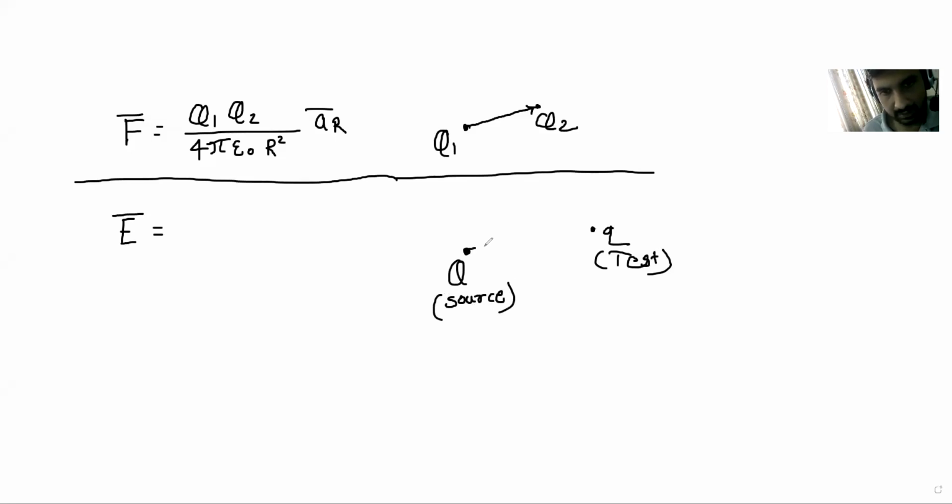Because of the source charge, we calculate how much electric field intensity is experienced by the test charge. As per the definition, it is force per unit charge, F bar divided by small q. So this is equation 1, this is equation 2.